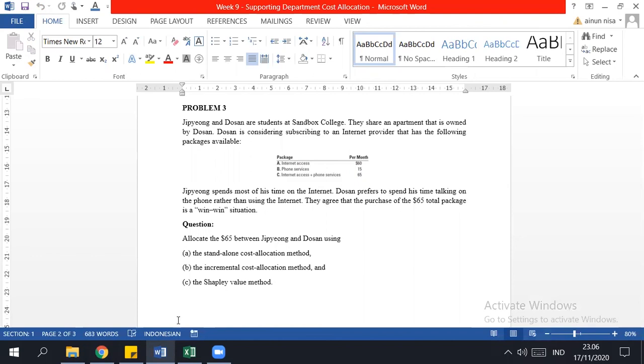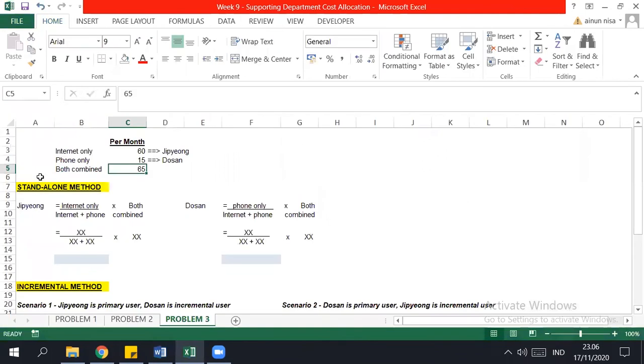Okay, so the first question is to calculate the allocation using the standalone method.